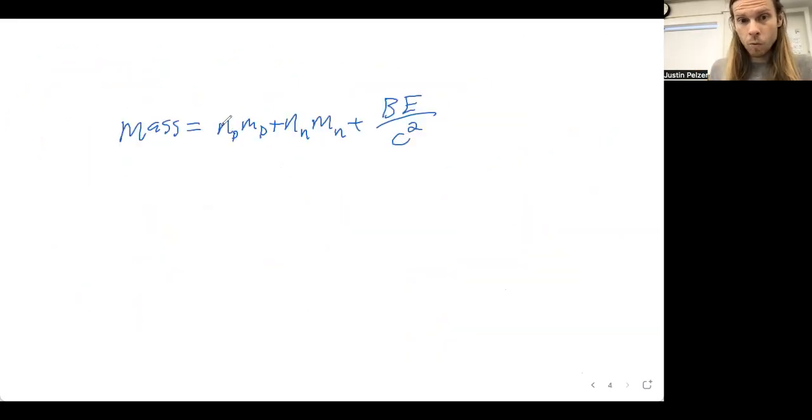Great. This one's easy. There's only one, right? There's one proton, one neutron. We know the binding energy. We got it all. So what's the mass?